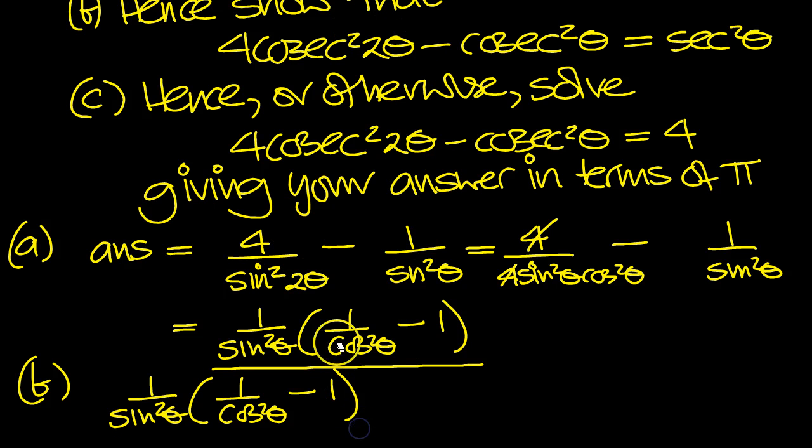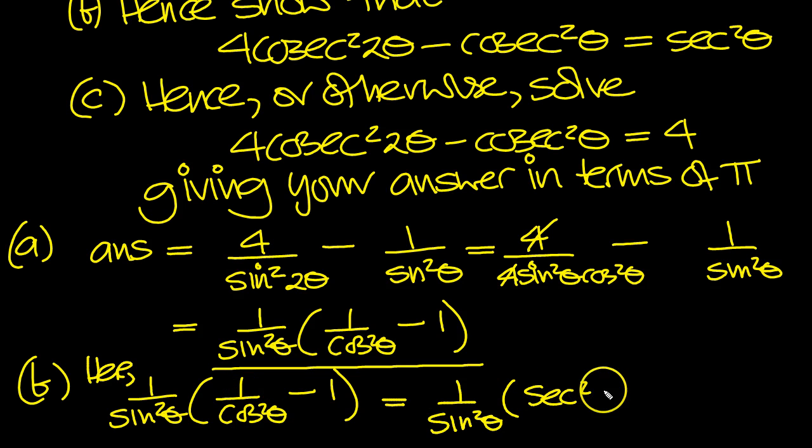Okay, let's have a look at it then. So here, this is equal to 1 over sine squared. Now 1 over cos squared is sec squared, isn't it? Sec squared theta minus 1.